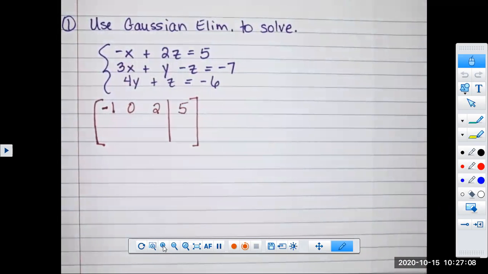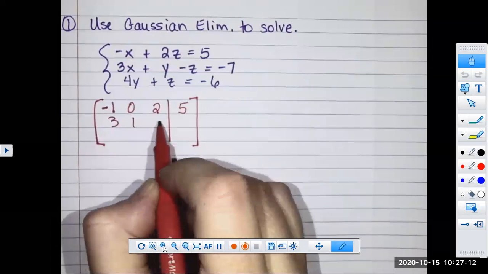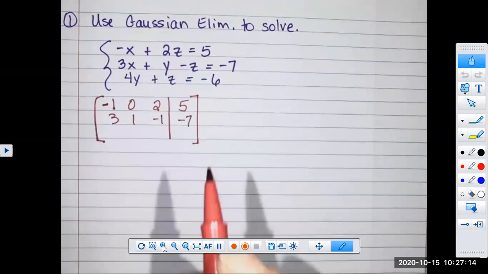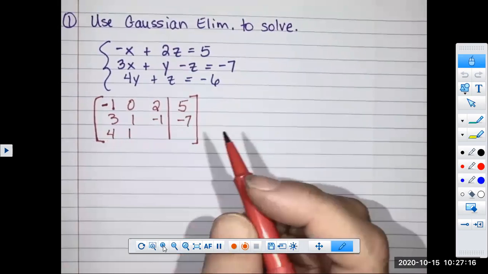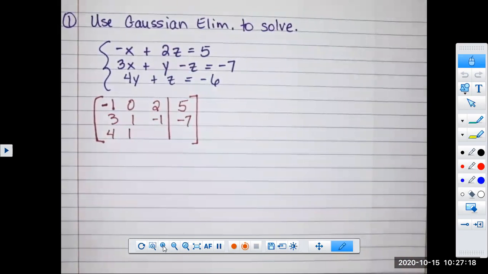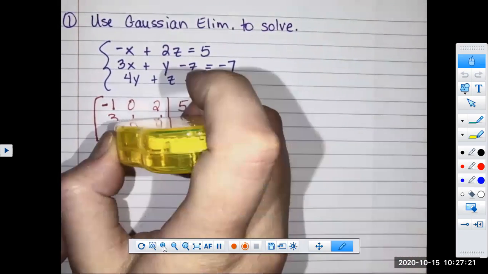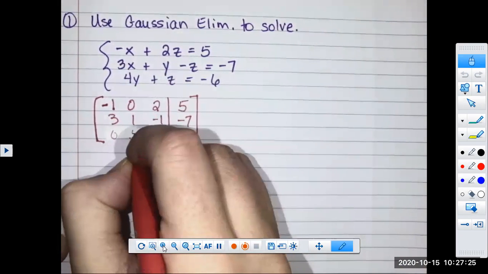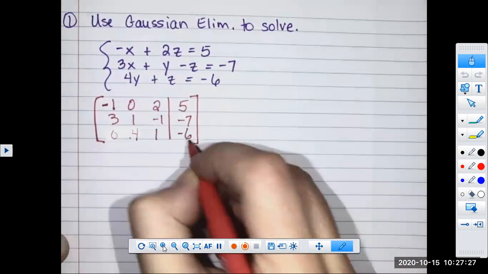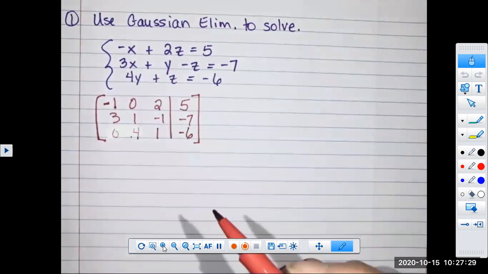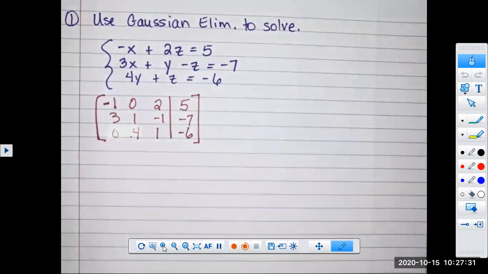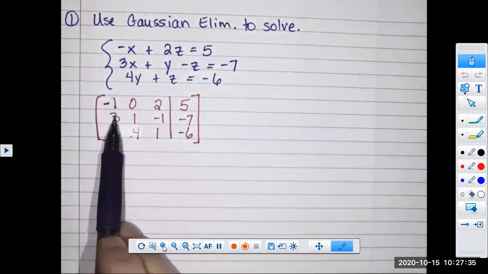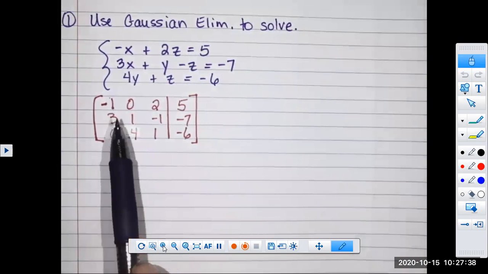What is your second row of numbers? And third row? It should have been 0, 4, and 1, and negative 6. Okay, so once again, you want these numbers down this column to become what?